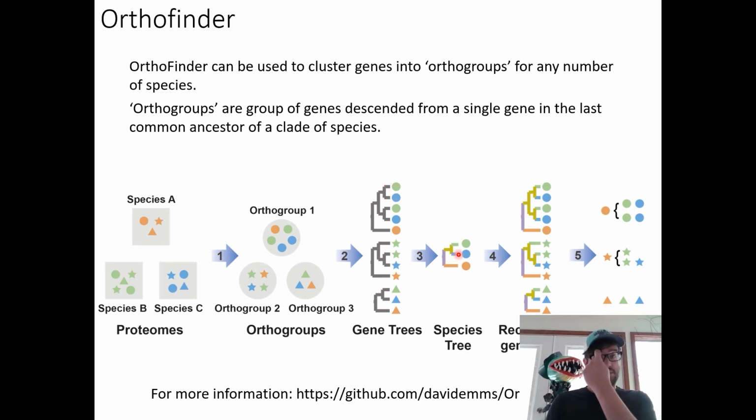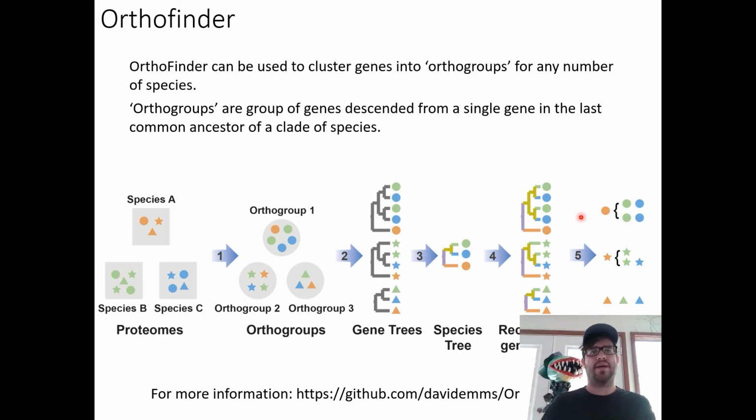We can incorporate the species tree, we can reconcile the gene trees, and then we can have orthologs from this. And so we could say that this single copy in species A is orthologous to these two copies in species B and species C.